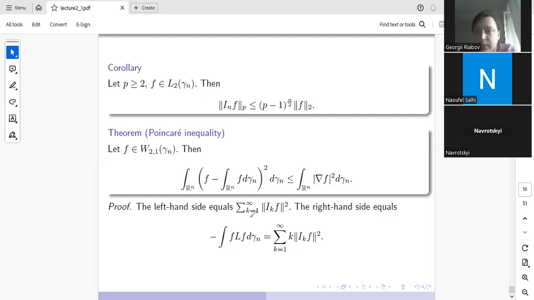This easily follows from integration by parts, because on the left side we have the sum of the norms of I_k f squared from 1 to infinity, because we subtract I_0. And by integration by parts, on the right side we have minus f L f. But L acts as multiplication by minus k on the space of Hermite polynomials of order k. So the inequality now becomes obvious.